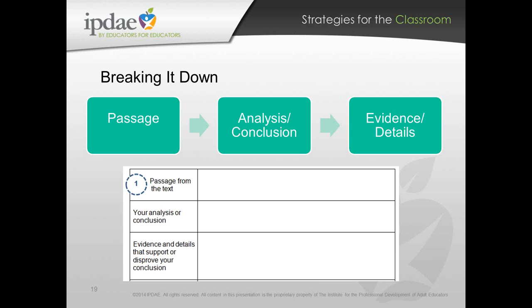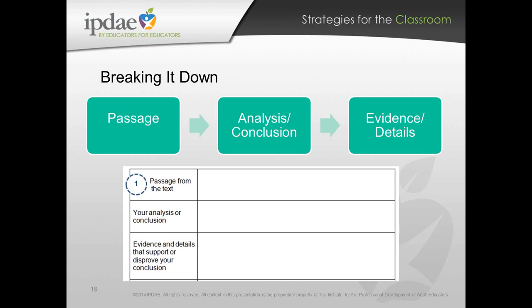So if I'm reading something about, oh gosh, the latest diet out there, I'm going to analyze that material and see, does it make sense to me? Will it work? And then I also need to find in the readings the evidence and the details that either say, yes, it does, or no, it doesn't.